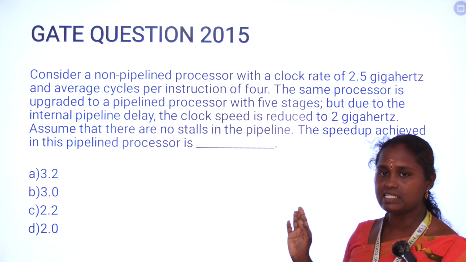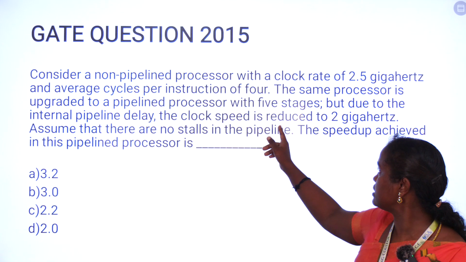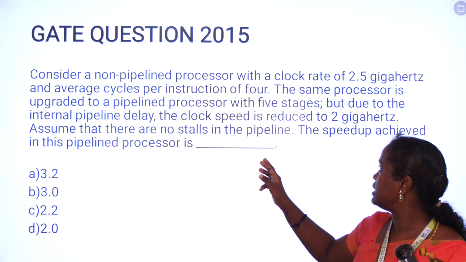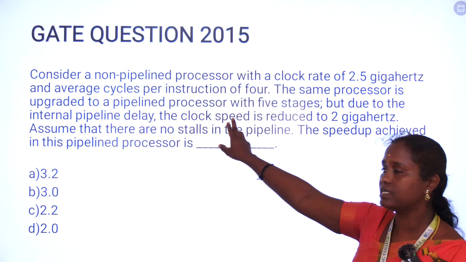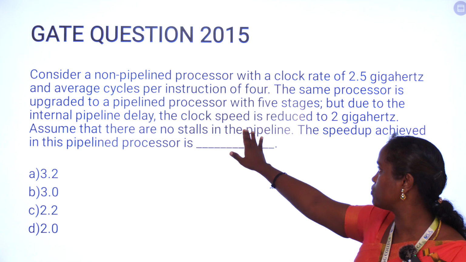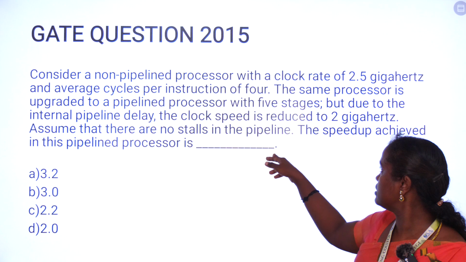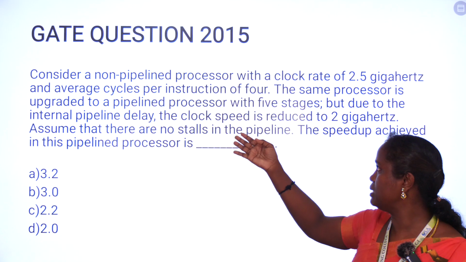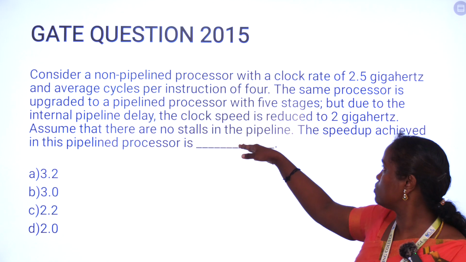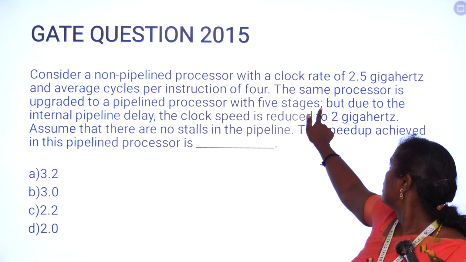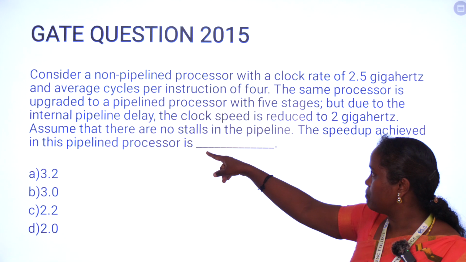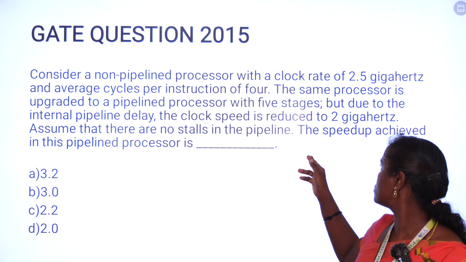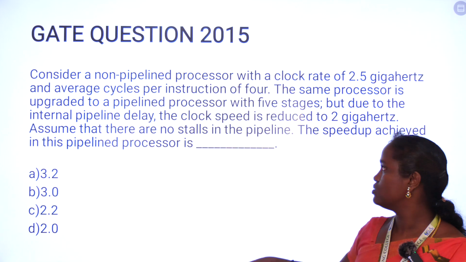Initially we consider it as a non-pipeline processor with a clock rate of 2.5 gigahertz and an average CPI of 4. Then the non-pipeline processor is upgraded to a pipeline processor with 5 stages, and due to some internal pipeline delay the clock speed is reduced to 2 gigahertz.